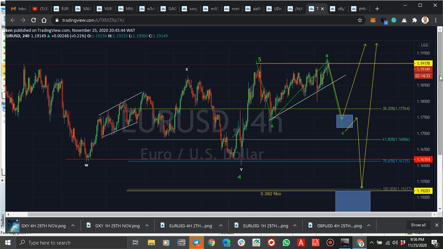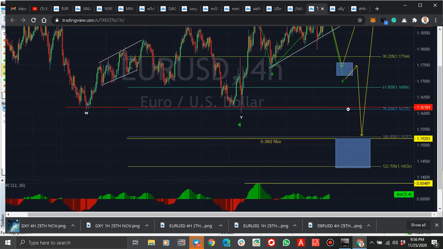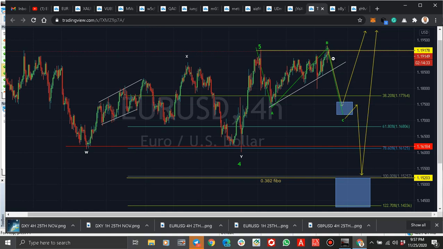My second scenario is a drop to a bigger level, so either 1.17, 1.175 or 1.15 area. So I'm expecting a drop, not a buy. Even if it keeps going up, I will keep watching it because, to my own idea, I don't see a buy on this pair right now.